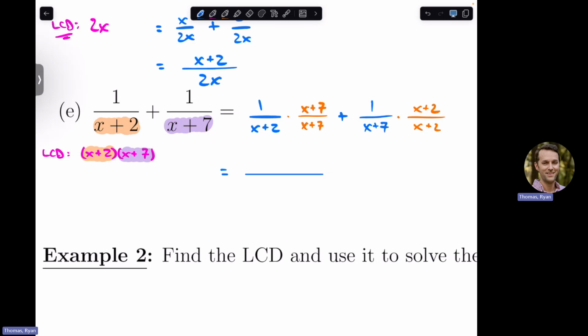All right, which is going to give me x plus 7 over the product and x plus 2, x plus 2 over the product of both of them. Again, you could expand that if you want. There's not really any reason that you need to.